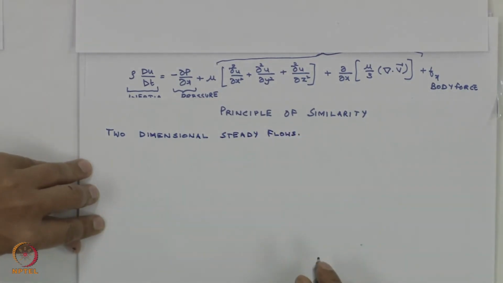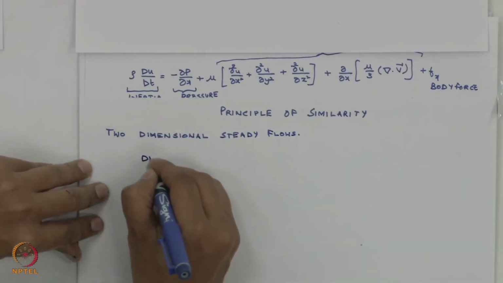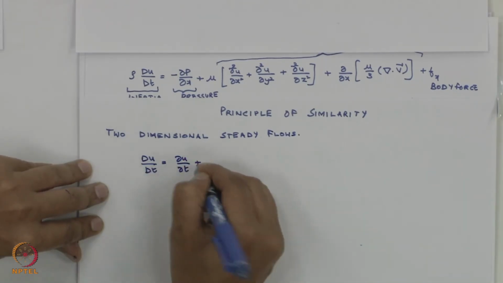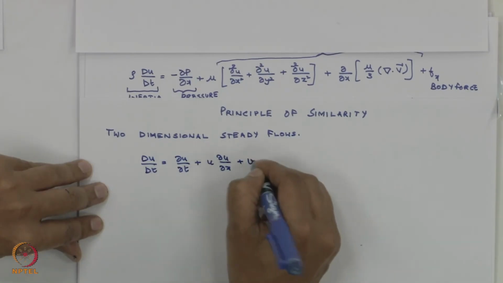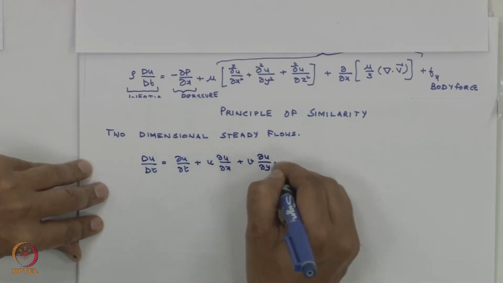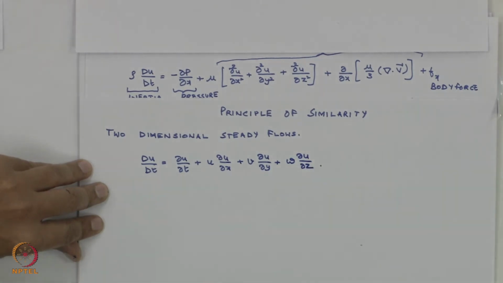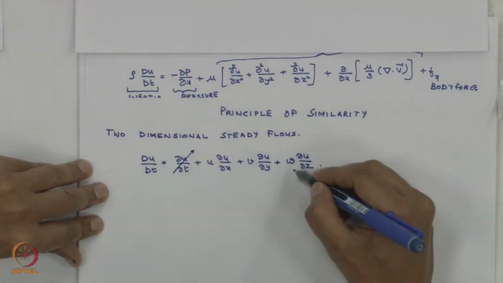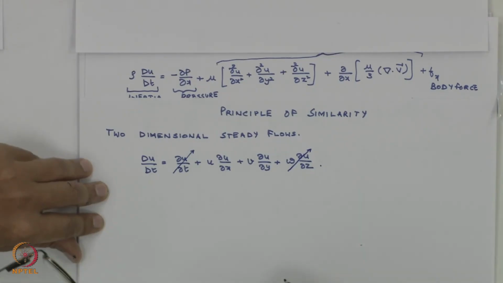Just to recollect, du by dt is del u by del t plus u del u by del x plus v del u by del y plus w del u by del z. Steady means the time term would not be there, and for 2-dimensional flow the z term would not be there. There will be no variations in z.